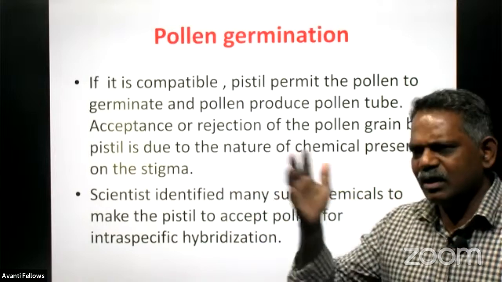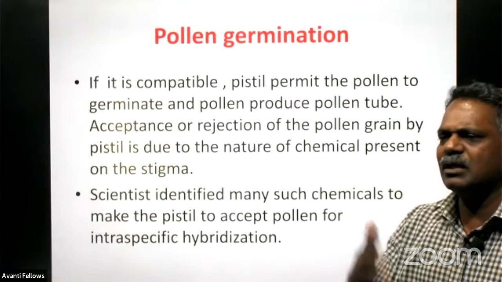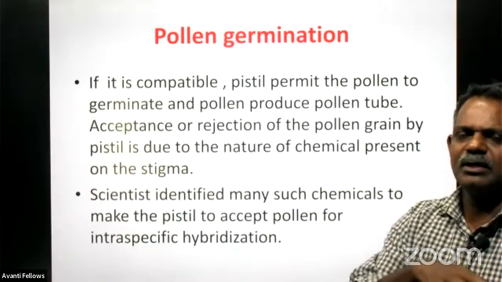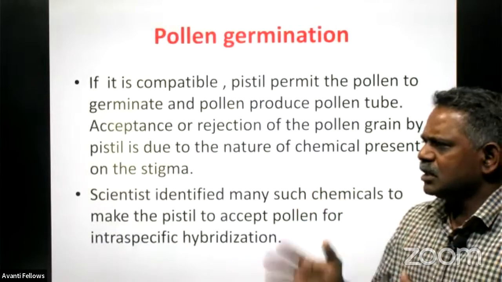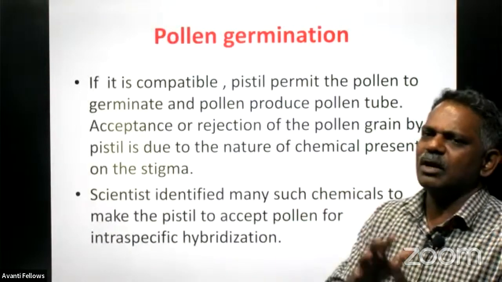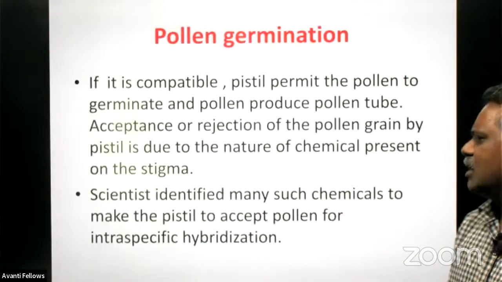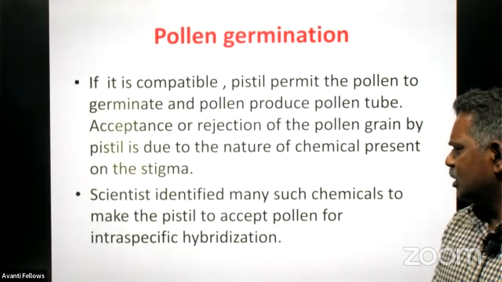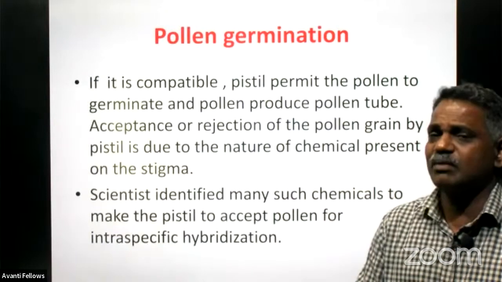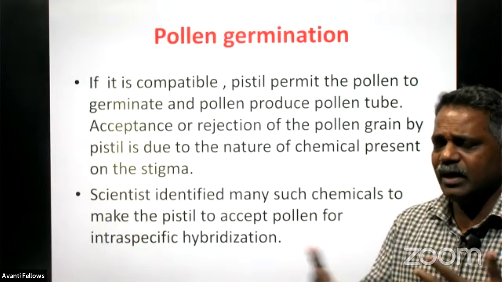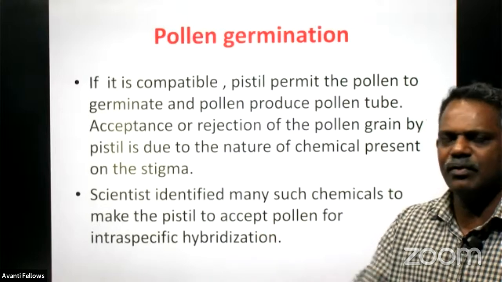Because when the wind carries pollen grains, chances are that different kinds of pollen grains stick on the stigma region. If it is not compatible, naturally the stigma never permits this pollen grain to sprout. Then scientists identified many such chemicals to make the pistil accept pollen for intraspecific hybridization, meaning a cross between individuals of two different species.